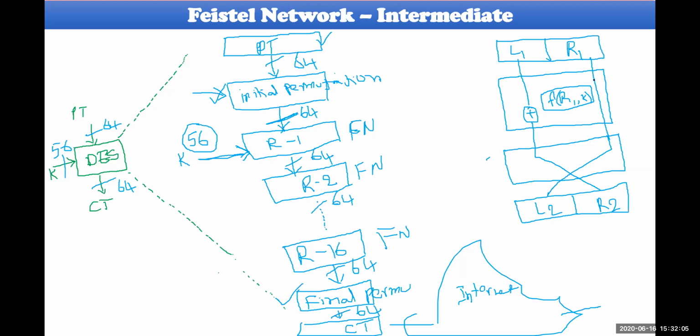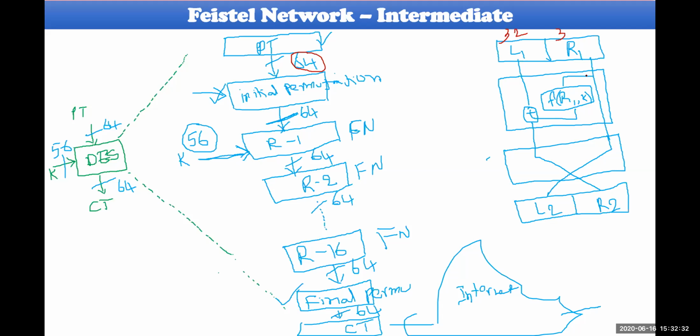You need to understand one particular point here. What is the size of R1 here? Because plain text is being taken, let me take some other color so you could understand very clearly. The plain text size will be 64 bits. 64 will be divided into 2 exact halves, so it is 32 bits, and it is also 32 bits.